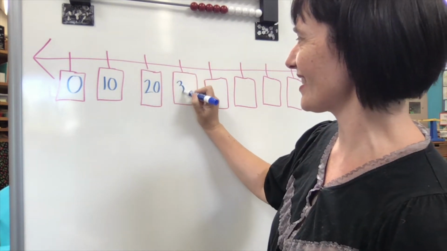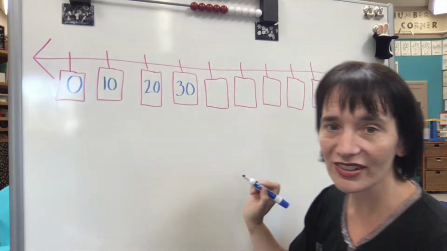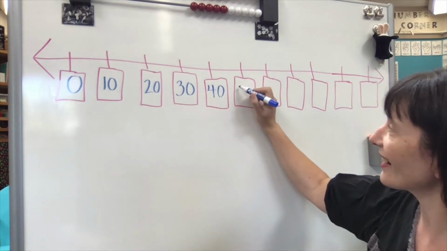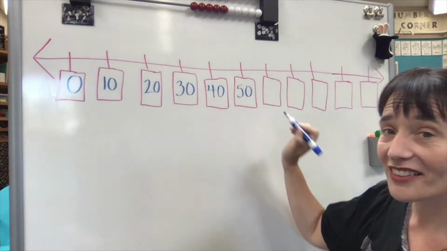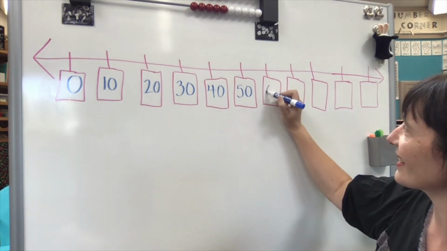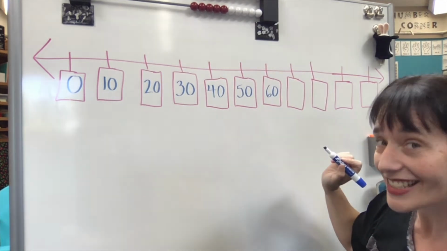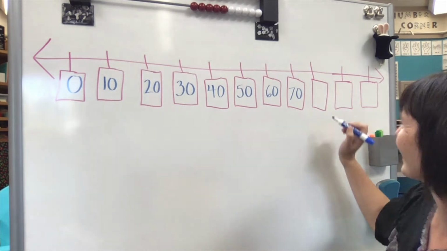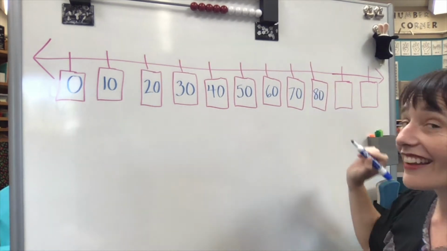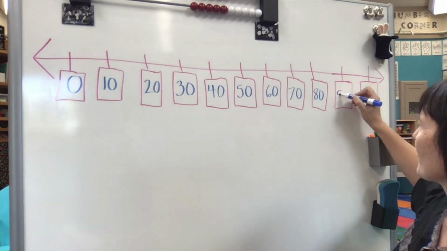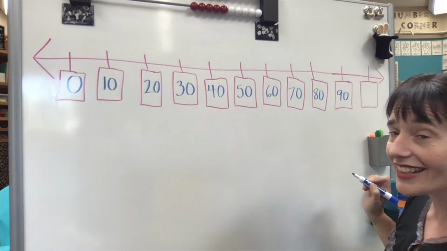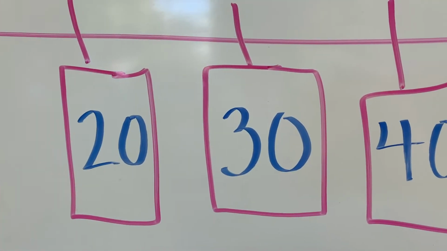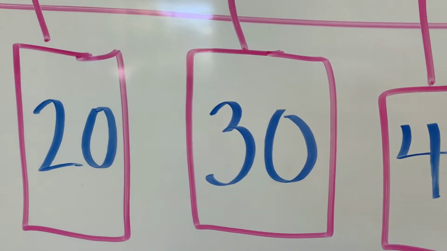What comes next? 30, 40, 50, 60, 70, 80, 90, and 100.